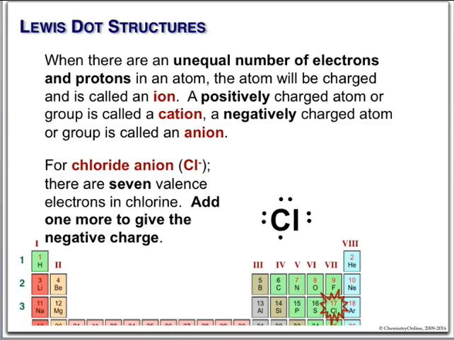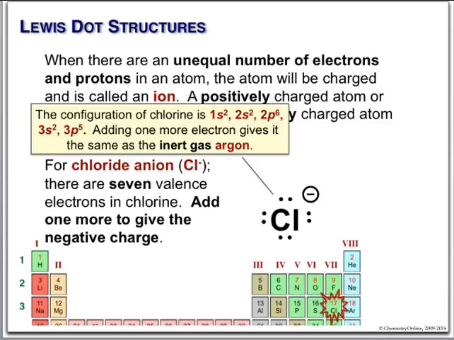Now to make the chloride anion, that's 1 negative charge. All you do is bring in 1 more electron to pair it up. Do you have to write that negative symbol on top? Yep, gotta write the charge, plus, minus, or whatever. Doesn't have to have a circle around it, I just always do that.